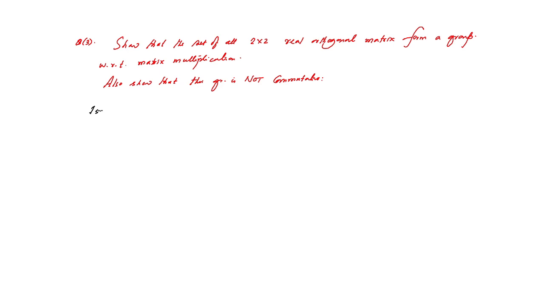So the first part, but before that, what exactly do we mean by the set of orthogonal matrices? Let O2 cross 2 be the set of all 2 cross 2 real orthogonal matrices.